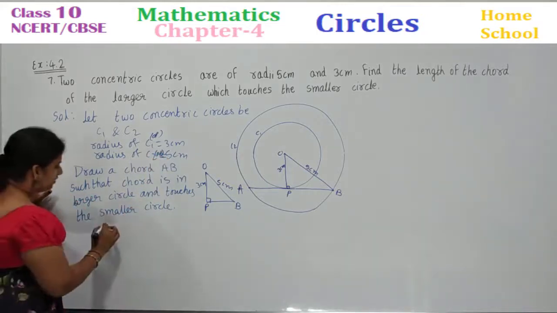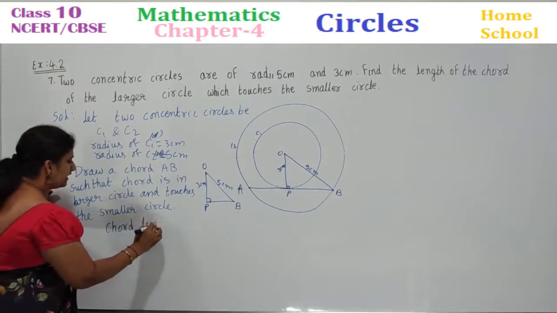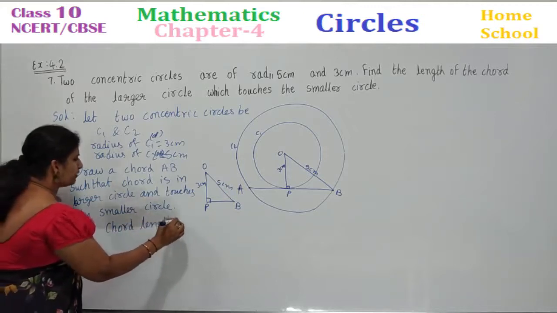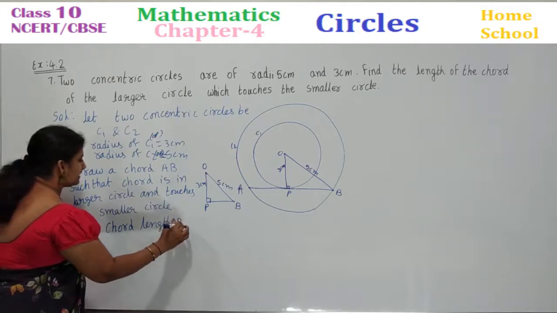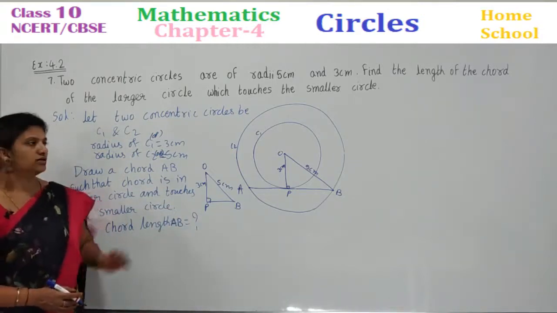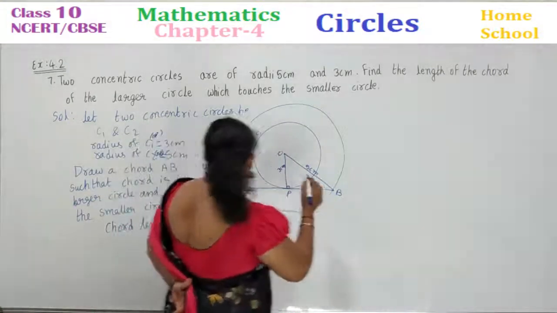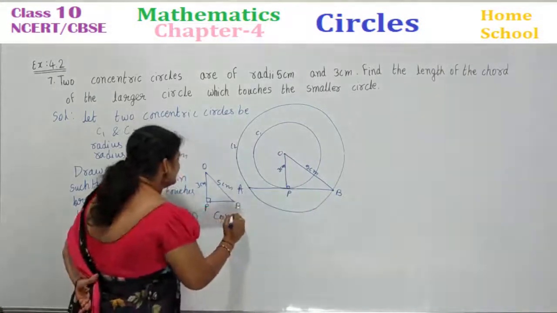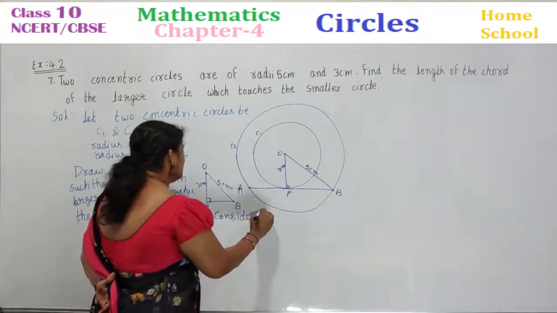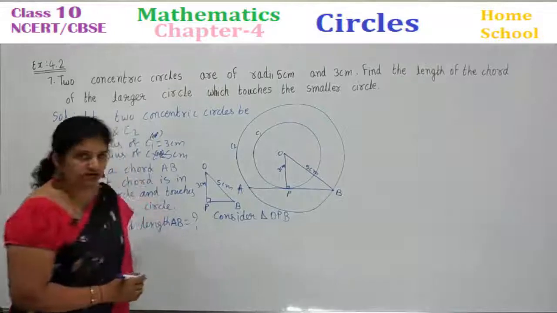So, we need to find the chord length, or length of the chord AB is equal to question mark. We need to find the length of the chord, right? So now consider this right triangle. Let us write here. Consider triangle OPB.